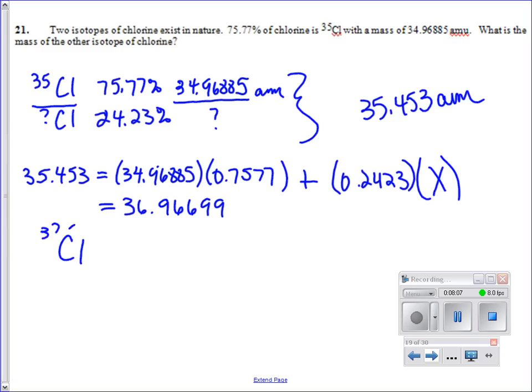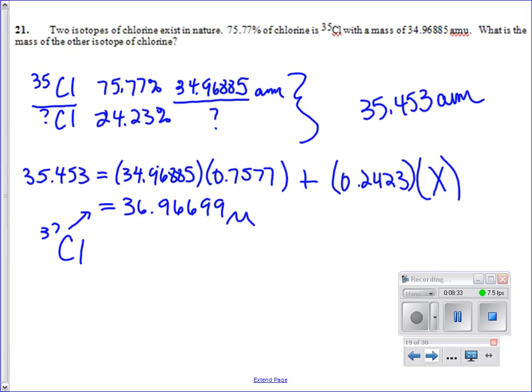Yeah, Cl37. And that is correct. Okay? Yes? As long as you show your steps and the AP graders can follow your logic, they will give you full credit.